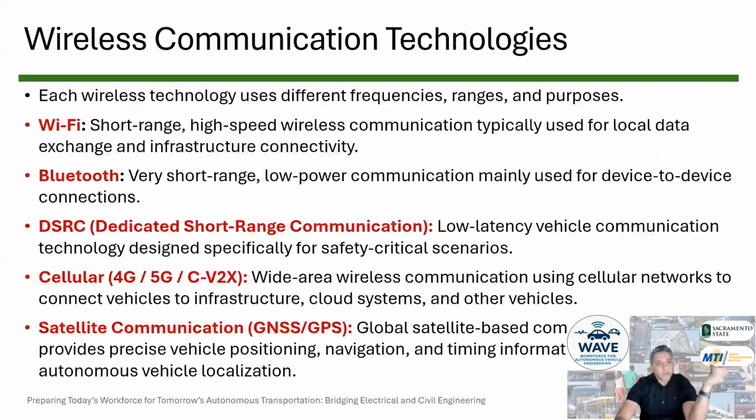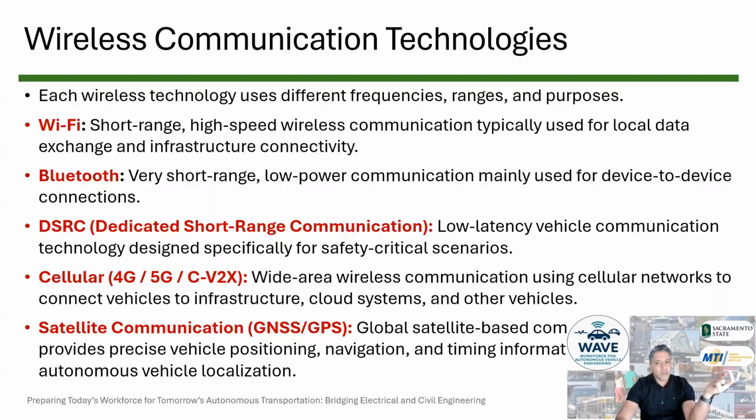Now, when we talk about wireless communication, there are different technologies, and each technology has its own application, right? We have Wi-Fi. It is a short range, high speed wireless communication, typically used for local data exchange and infrastructure connectivity. Then there is Bluetooth, which is a very short range. You all may have used that.